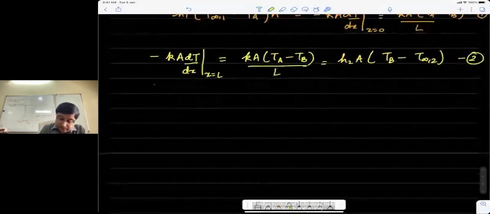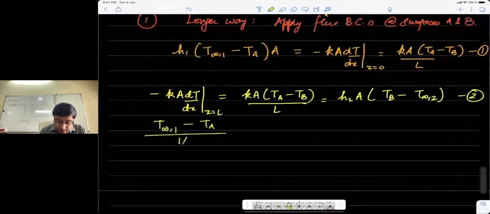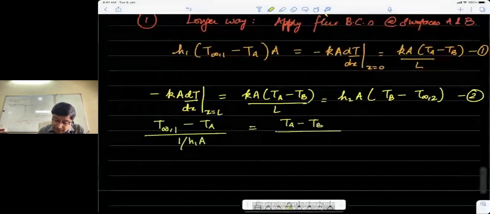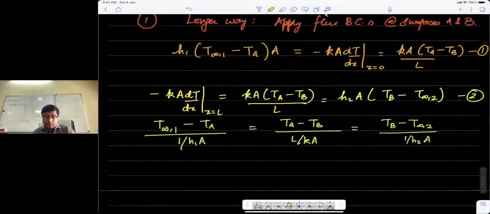Watch what I'm doing carefully. I can write this as (T infinity 1 minus Ta) by (1 by h1a) should be equal to (Ta minus Tb) by (L by Ka), and that is equal to (Tb minus T infinity 2) by (1 by h2a). So the two equations can be combined into this one common equality.